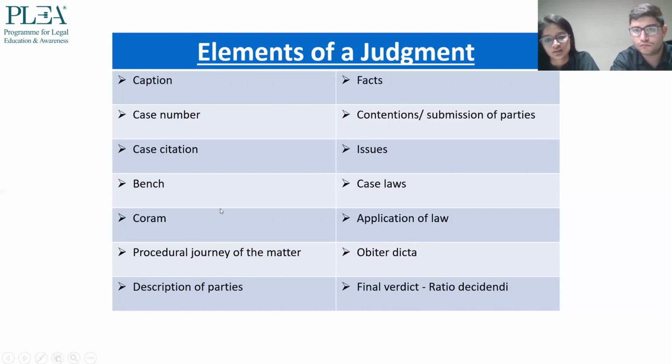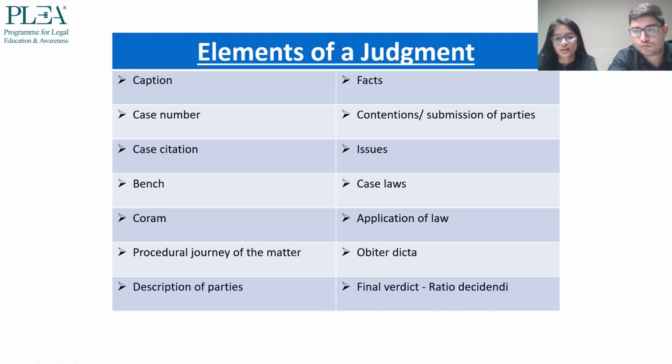Ratio decidendi is nothing but the final verdict that the judge, the bench, has given. The final verdict can comprise what the final decision of the court is after a scrutiny of all the facts and provisions of law, after hearing both parties, after taking into consideration the evidence that has been laid. In the final verdict, you also have to see, because in several cases, you will find that there is a 3-judge bench.